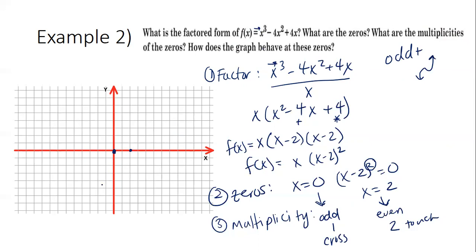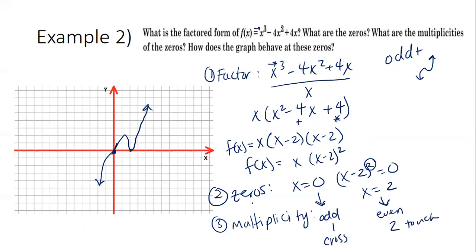So I'm going to start negative. At 0, I'm going to cross. That's a horrible crossing, but pretend that's straight. But at 2, I am touching. So I cross at 0, I touch at 2.